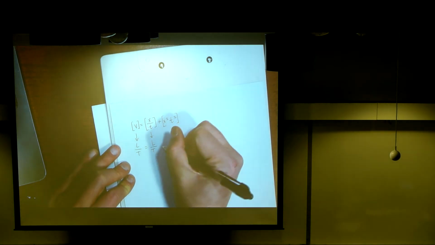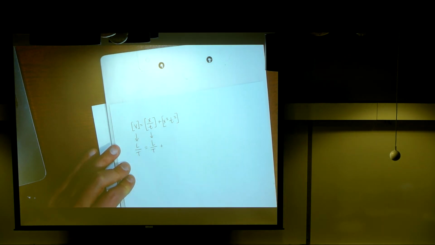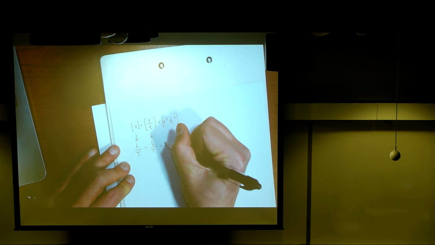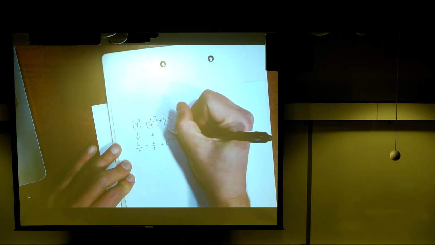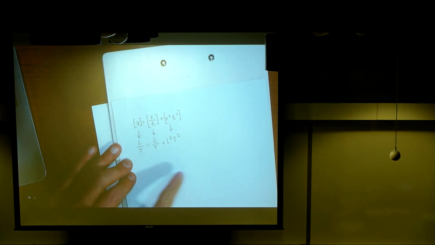And then in my last term, I have x squared times t squared, right? So that's a length squared times a time squared. So right away, can we see, does this work? Is there something wrong with this? They're adding.